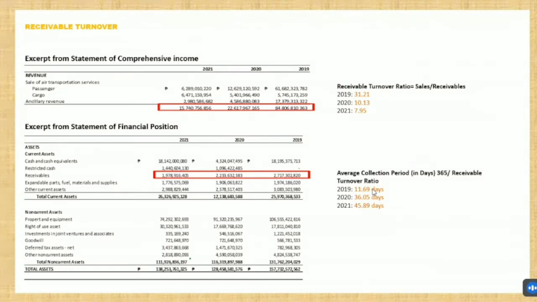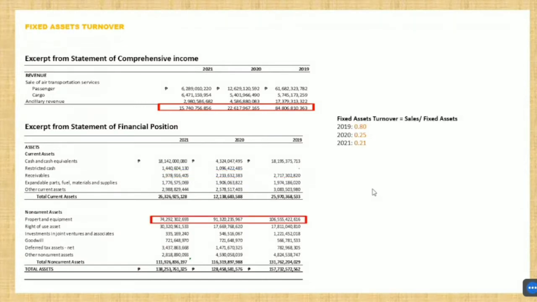The fixed asset turnover ratio is computed as sales divided by the fixed asset.